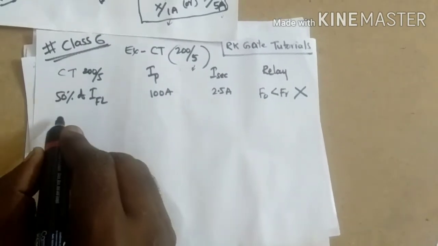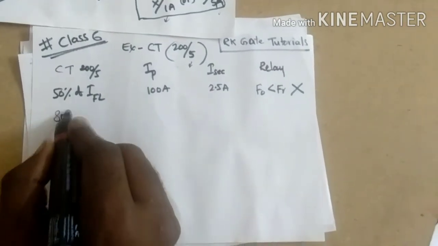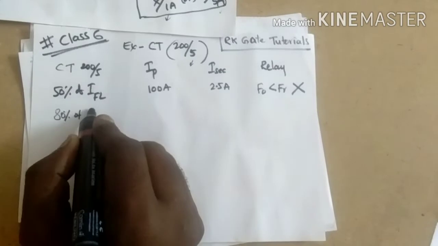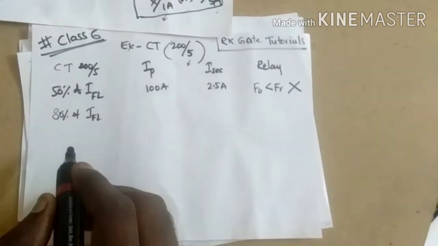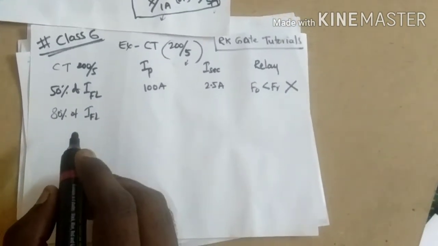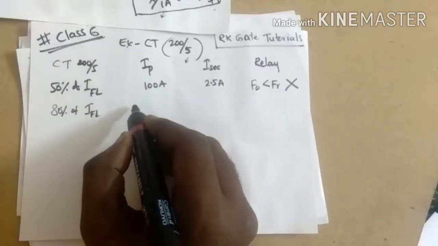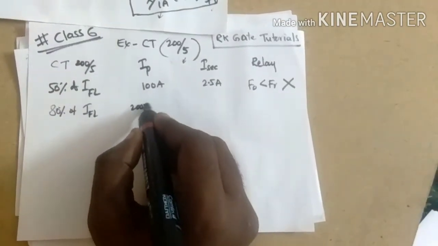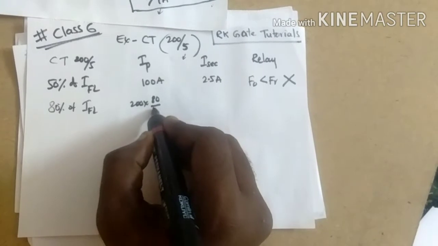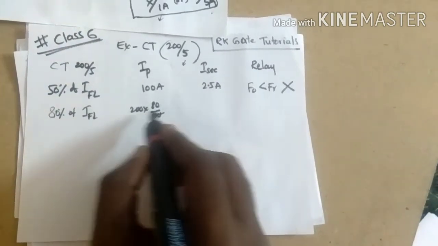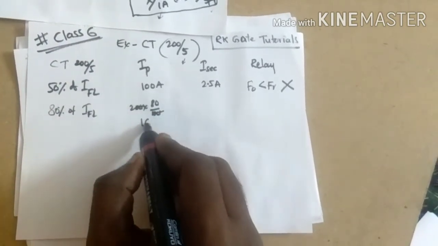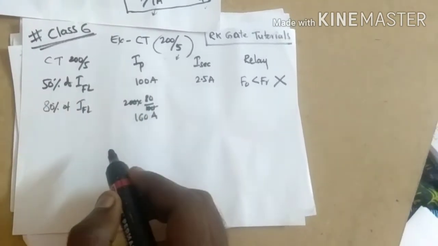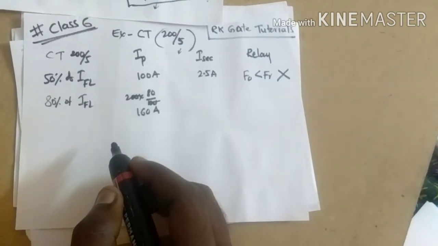Now let us see the next condition. Let us say 80 percent of full load current. 80 percent means 200 into 80 by 100, so 160 amps.